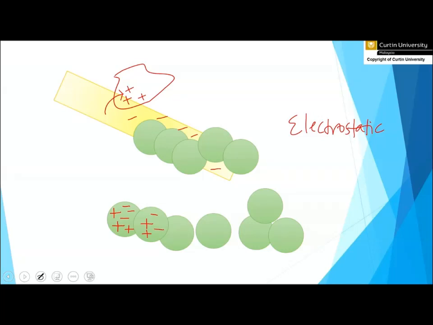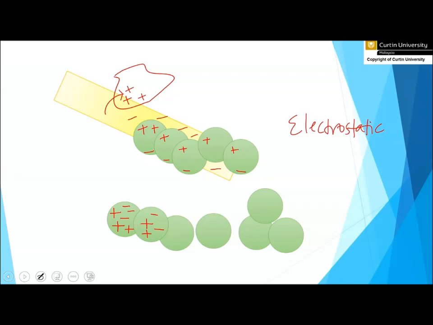But when you draw the negatively charged ruler near to the small pieces of paper, what happens is the positive charge of the paper will be attracted to the plastic ruler, while the negative charge in your small pieces of paper will stay away from your ruler.